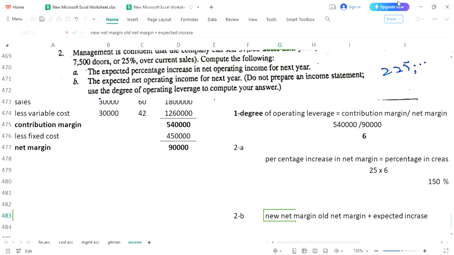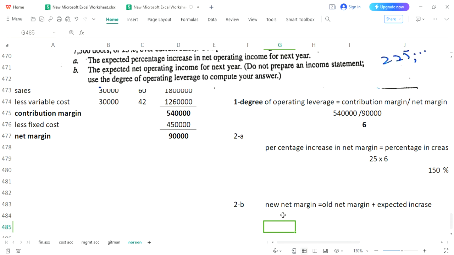So can you imagine, you are not making an income statement, with the help of just this very important tool. What I was willing to say is, it's a tool for a business manager, with a single division and a very simple division. You will get a tool of operating leverage, and this tool will be used to predict your future income. So here we are going to calculate our future net margin. We have the old net margin, which is 90,000, and the expected increase we want to see.